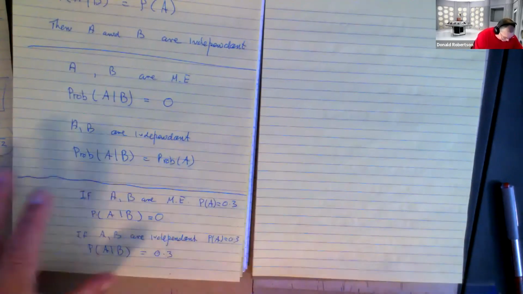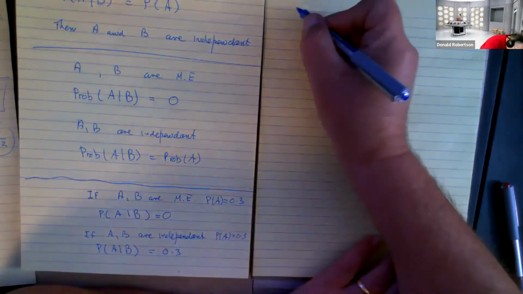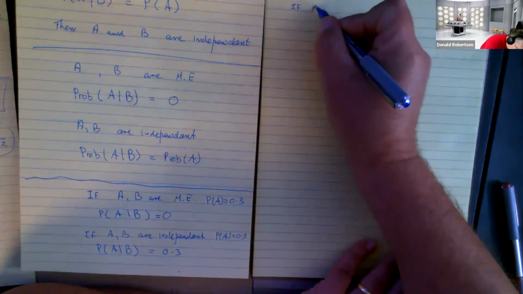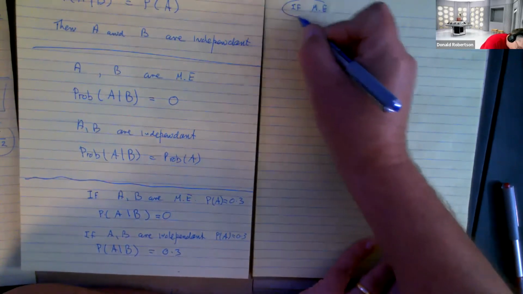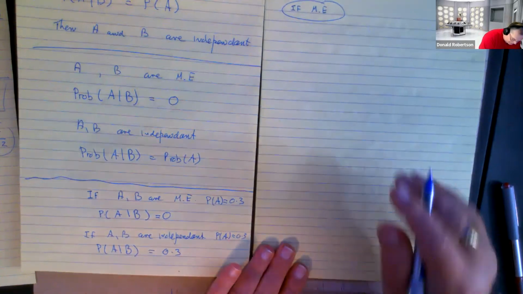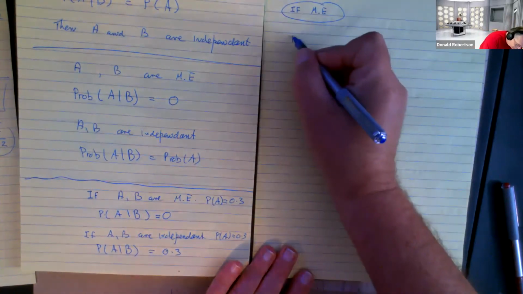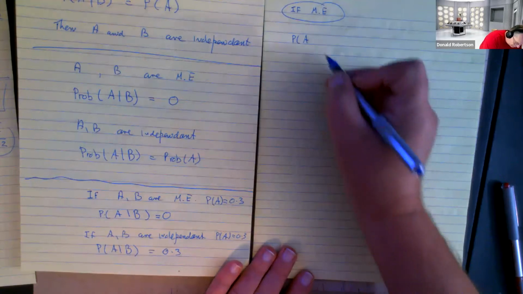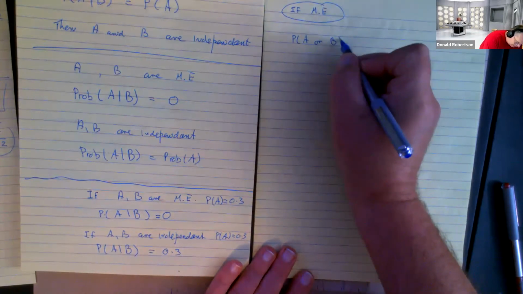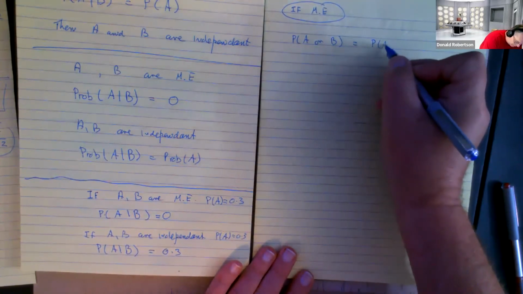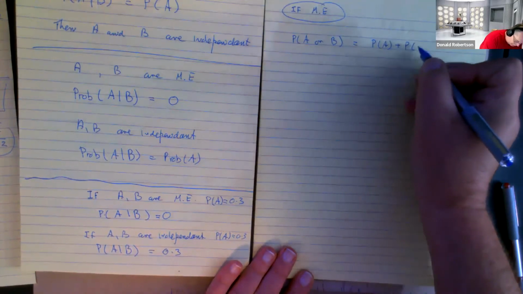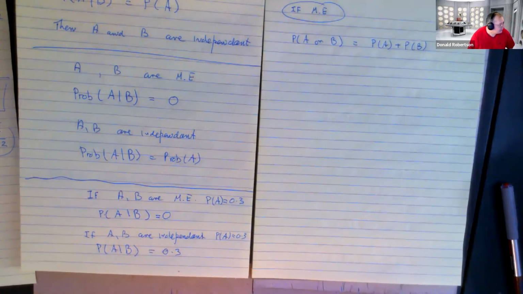So now going to show you some more probability rules. And I think I probably should put them all together. Right. If you are mutually exclusive, so we have two events, A and B are mutually exclusive. The probability of A or B is the probability of A plus the probability of B. Right.